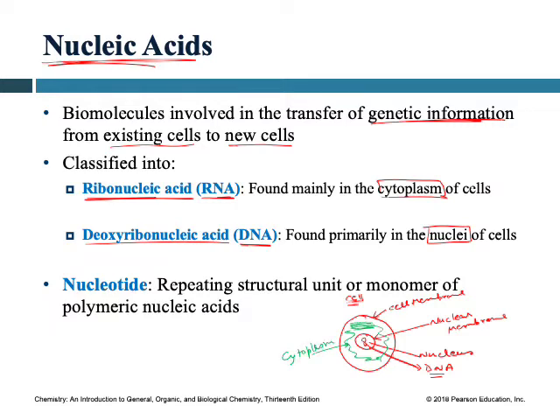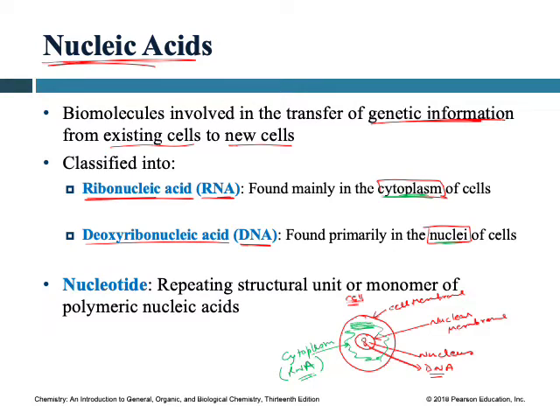RNA is present in the cytoplasm. This is the basic structure of the cell that you need to know to understand where RNA is found, in the cytoplasm, and where DNA is present, in the nucleus.